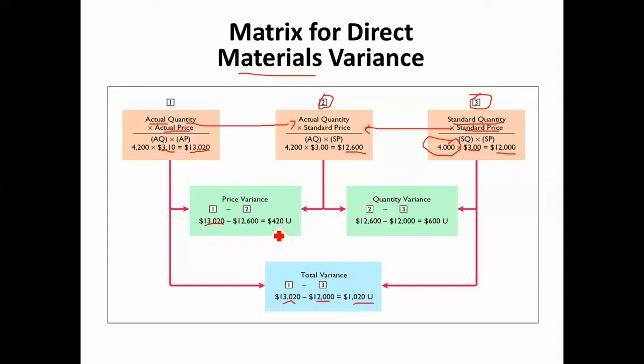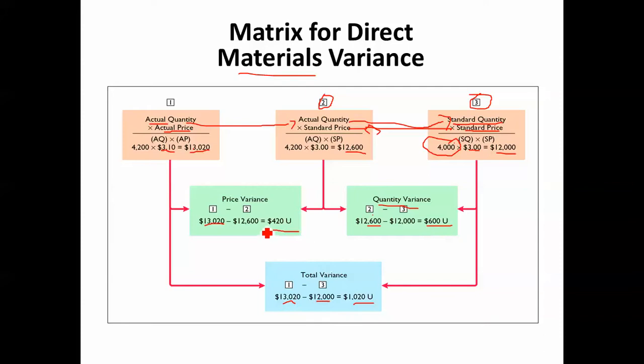So the price variance is 420 unfavorable. Now when you look this way, we are keeping the standard price the same, but we're comparing the actual quantity versus the standard quantity. So the difference between 12,600 and 12,000 is a quantity variance. That's the difference between 2 and 3. And so that quantity variance is 600.